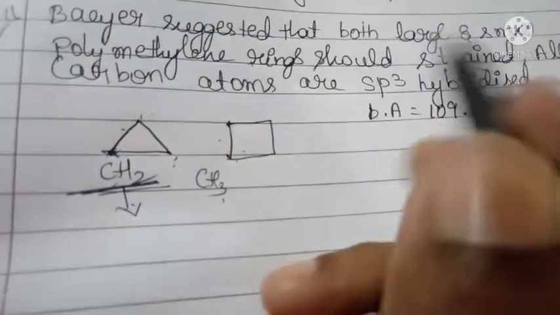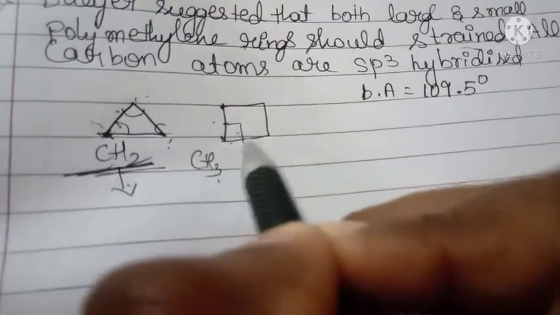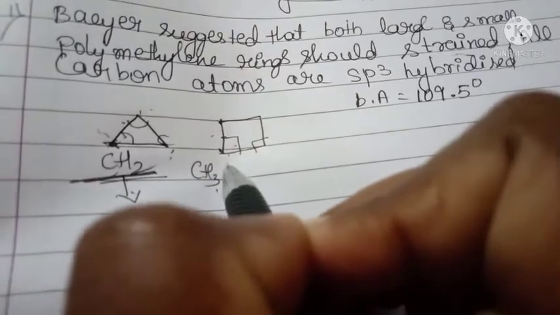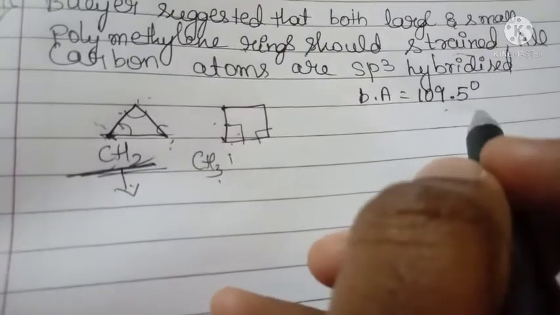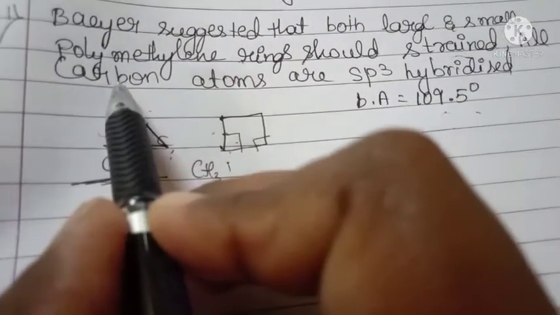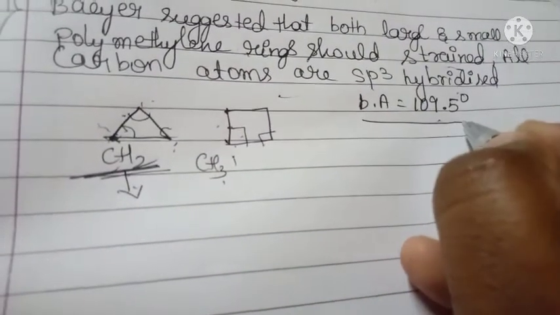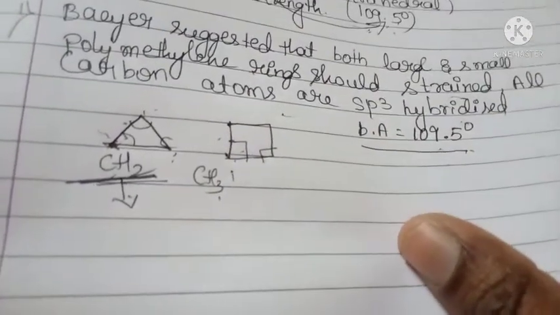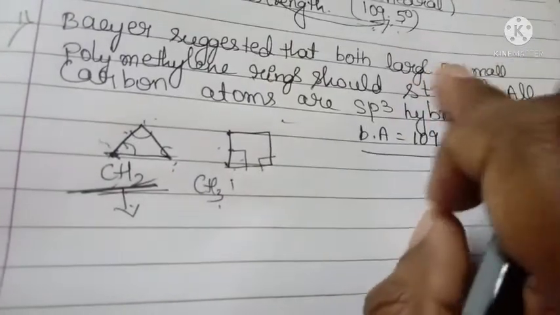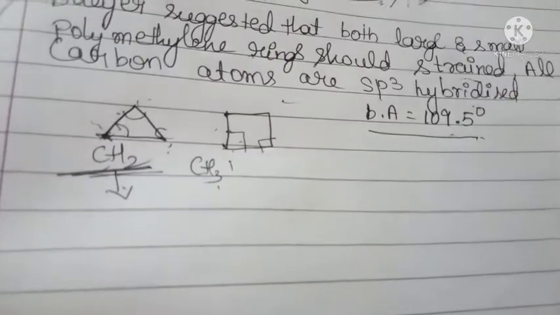So these rings should be strained. Strained means this angle or this angle should be strained, that is, there will be deviation to 109.5 degree. That deviation should cause all carbon atoms to be sp3 hybridized and the bond angle to become 109.5 degree. This is the first one. Both the large and small: large means more CH2, it means the number of carbon atoms increased.